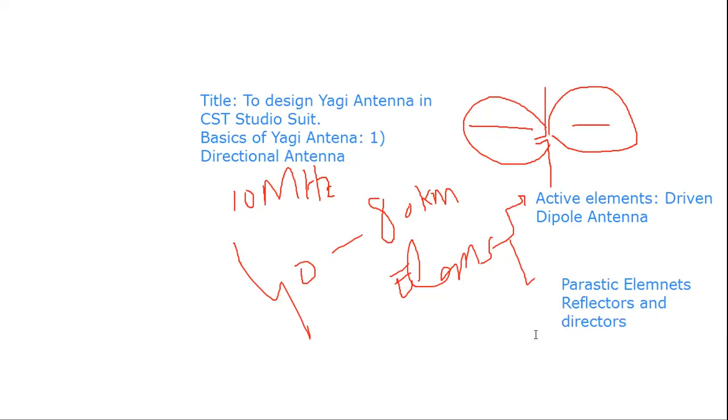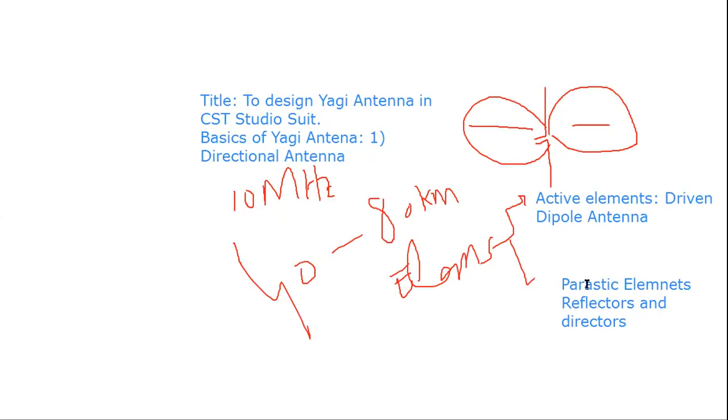What is meant by an active element? Active elements are those elements which are energized by an external source, and they will radiate the energy, the electromagnetic waves. The parasitic elements are those which are not energized by a source, and these are used for directivity and for suppressing unidirectional radiation.